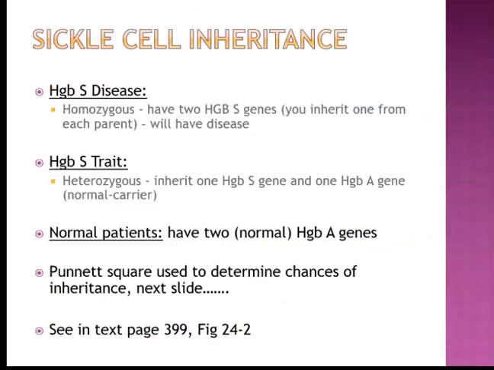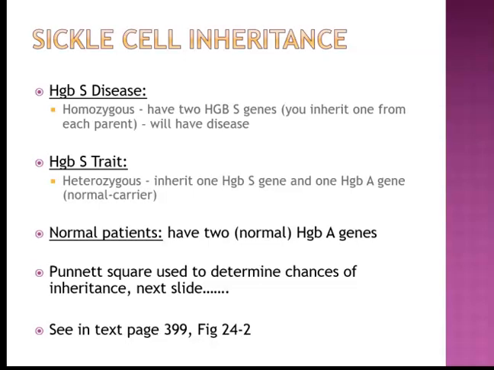So let's talk about the inheritance of sickle cell disease. In order to have sickle cell disease, you must be homozygous. You have 2 hemoglobin S genes, one you inherited from your mother, one gene you inherited from your father. You can carry the sickle cell trait.